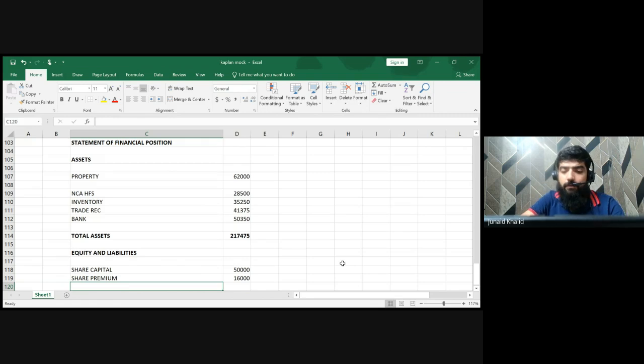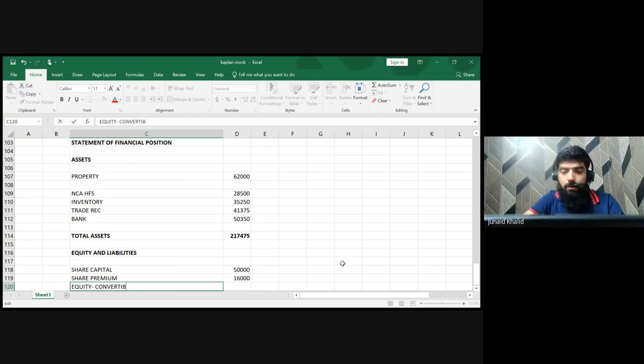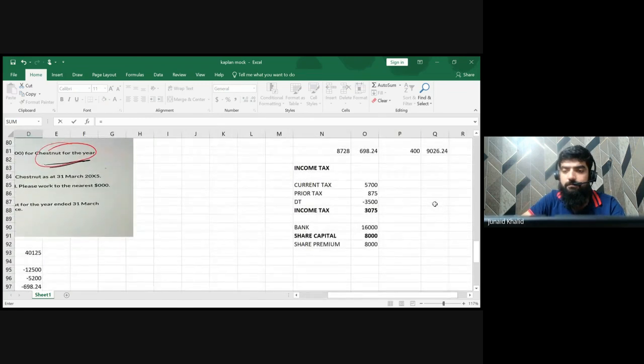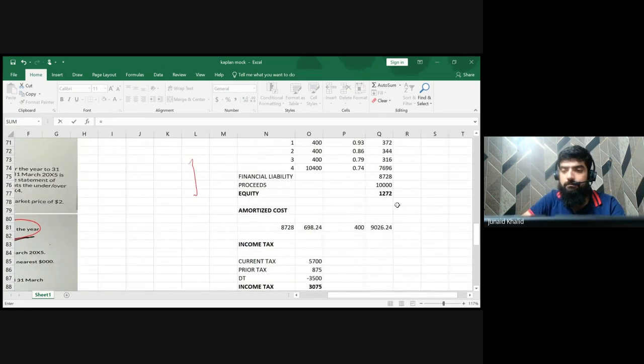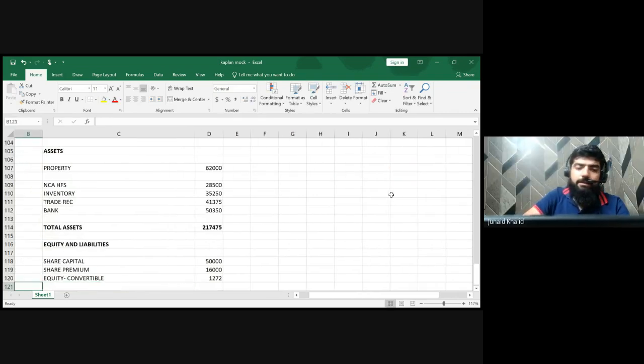Now, we have also calculated the equity component related to the convertible bond. Remember? So this will also be recorded. The amount of that equity component is 1,272. Very good.